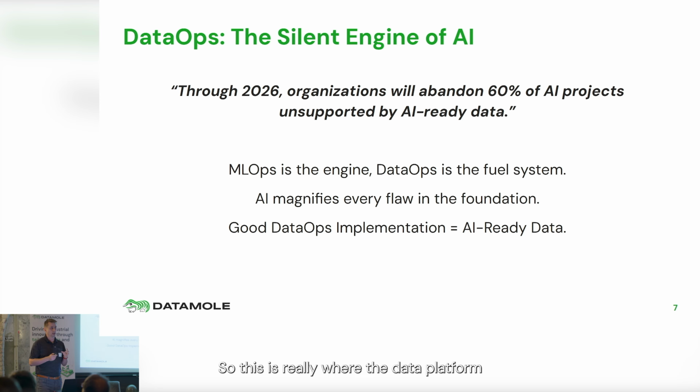So this is really where the DataOps platform and principles become non-negotiable, because we are talking about whether your AI initiatives deliver the value and success you are seeking, or whether they become just another expensive experiment.